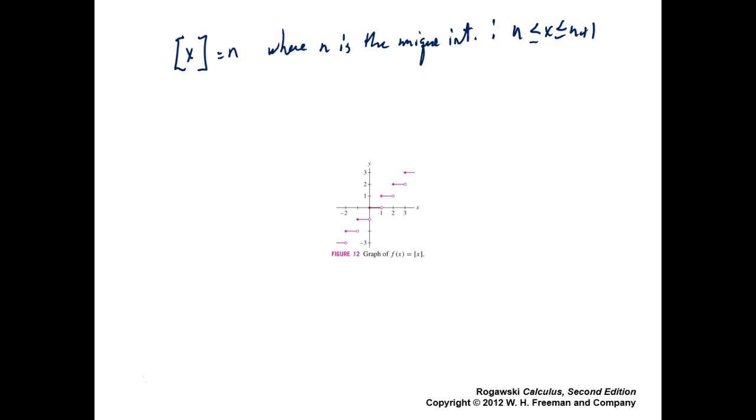Okay? That's a rather strange way to do it, but it's exactly stated correctly. Where n is a unique integer such that n is less than or equal to x and x is less than or equal to n plus 1. The way I usually hear it said is the greatest integer in x less than or equal to x. So basically the first part there. Second part is still true.